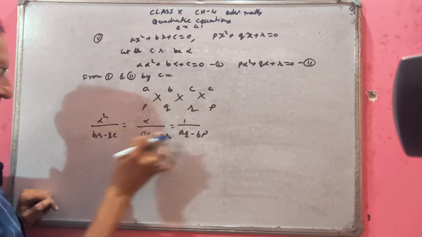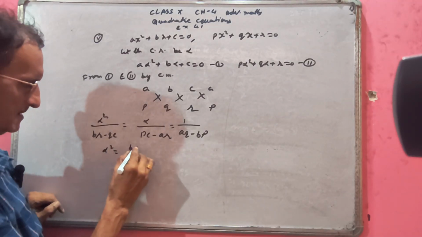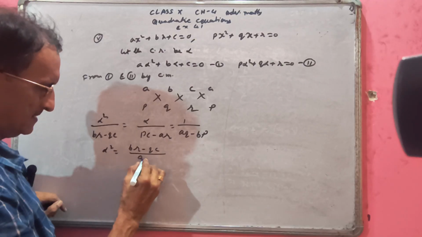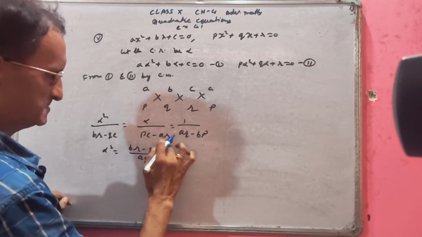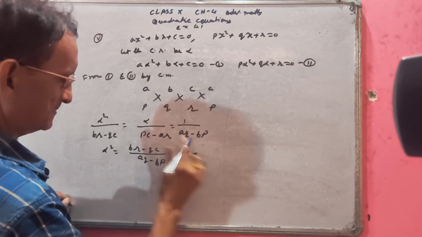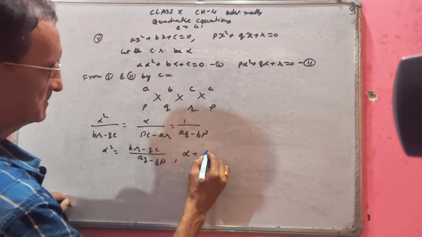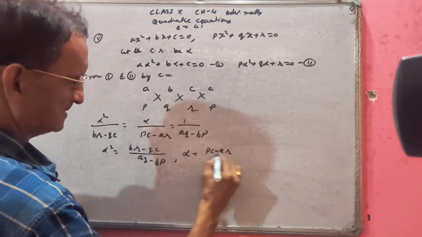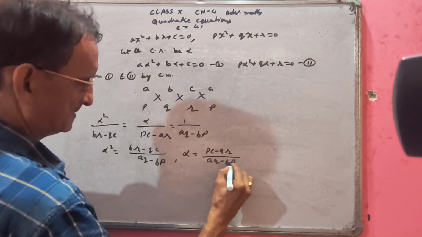So from first and third, alpha square equal to br minus qc by aq minus bp. And from first, second and third, alpha equal to pc minus ar by aq minus bp.